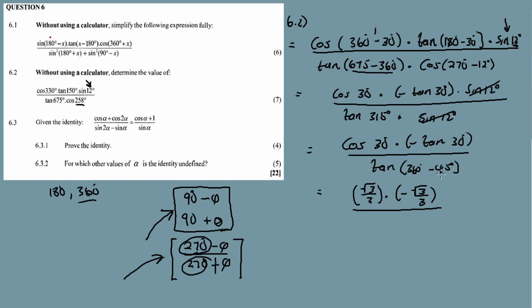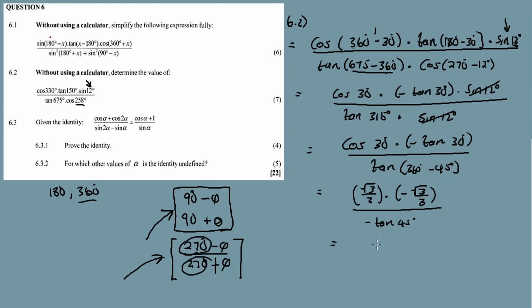Which quadrant? The fourth quadrant, where tan is negative, so it is negative tan 45 degrees. Tan 45 degrees is 1, so it is negative 1.